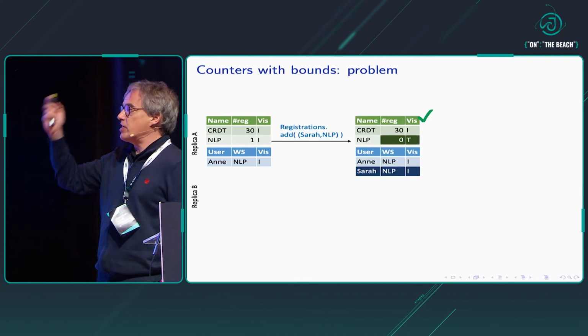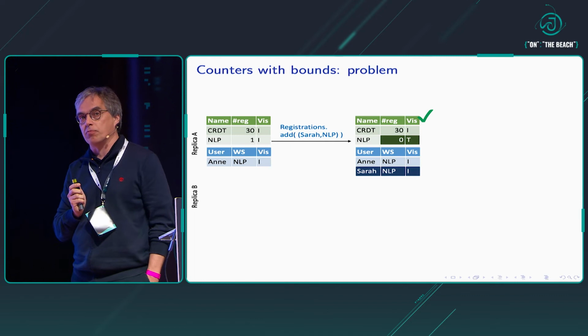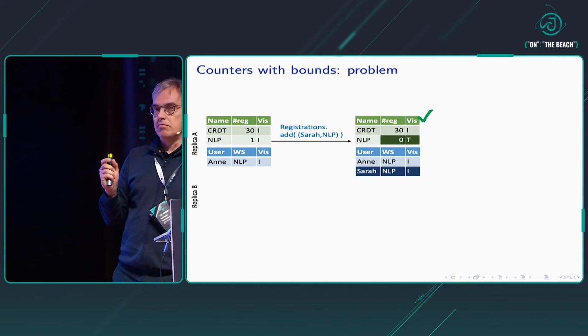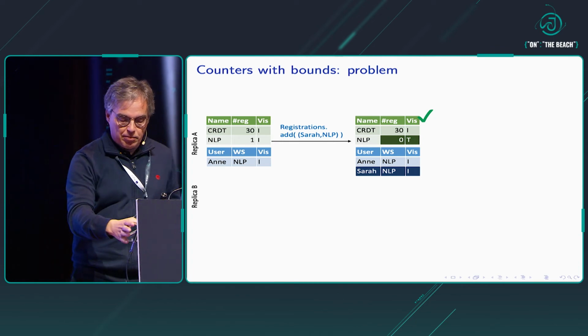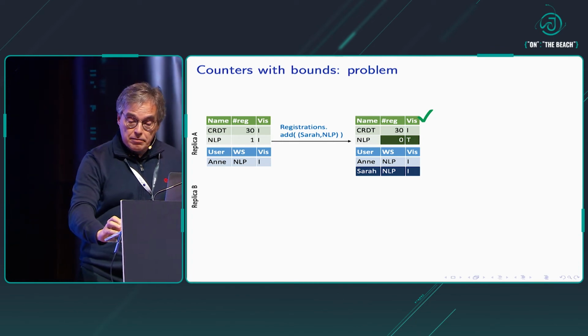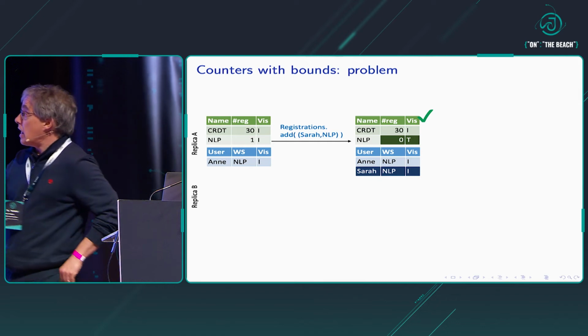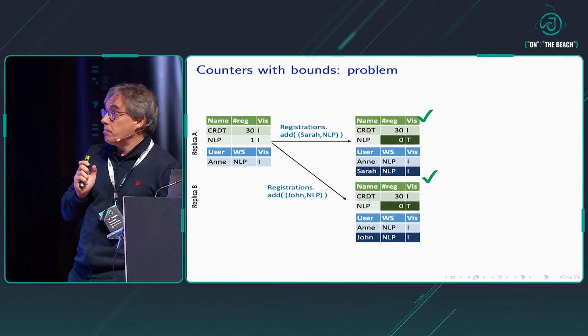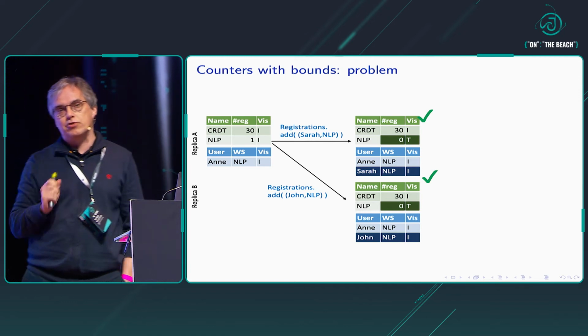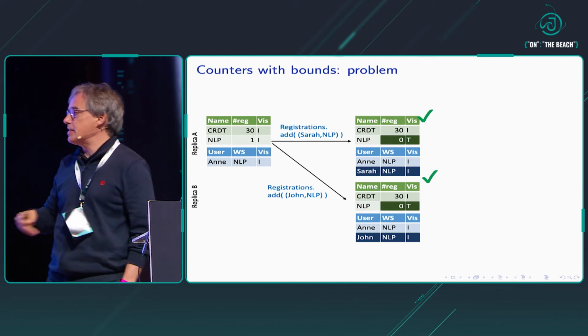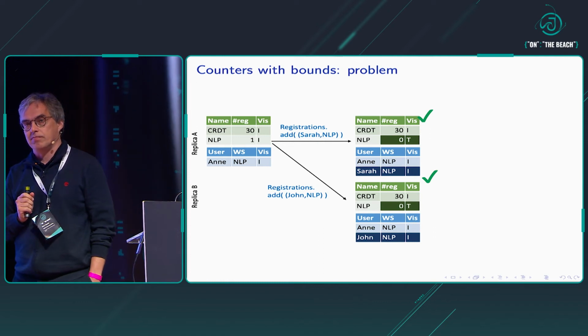If I register Sarah in the NLP workshop in replica A, I would say that in replica A I have 0 places available. The problem comes if I have another replica that also thinks that there is 1 place available, and there is John that wants to register.